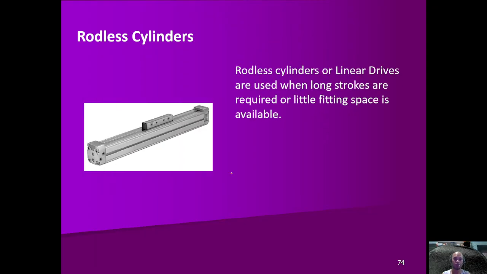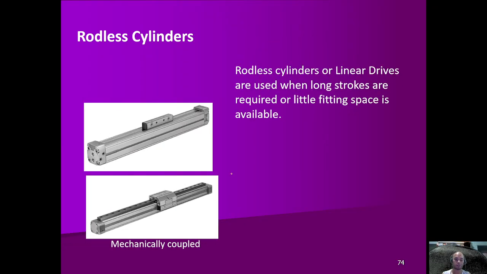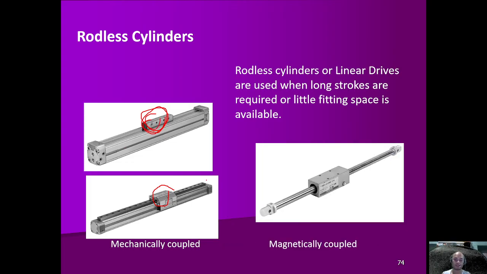And then we also have the rodless cylinder. It doesn't have a rod. If this cylinder moves to the left or to the right, this one will move, but it doesn't have any rod in it. Like this one, this is magnetically coupled.